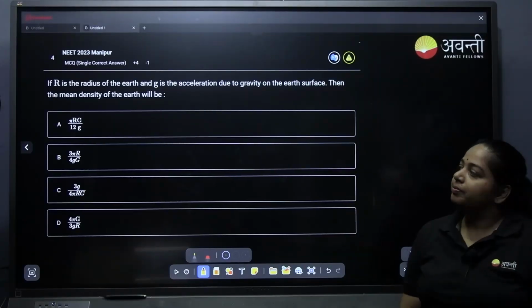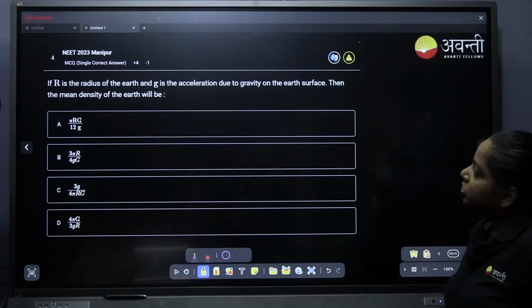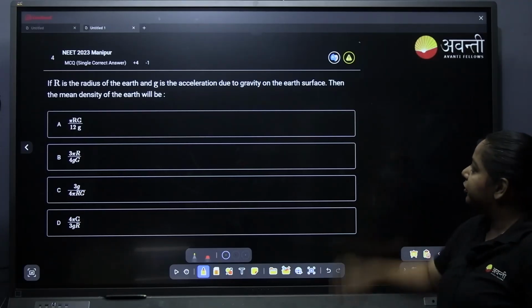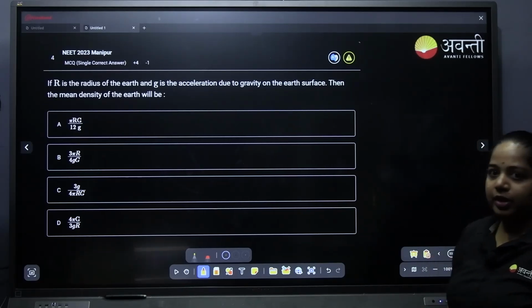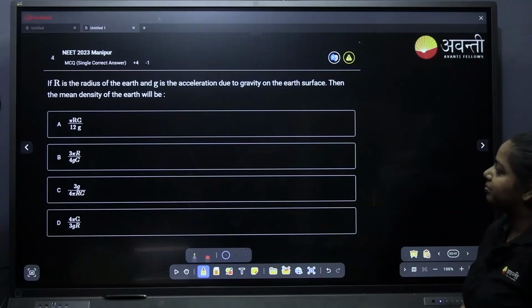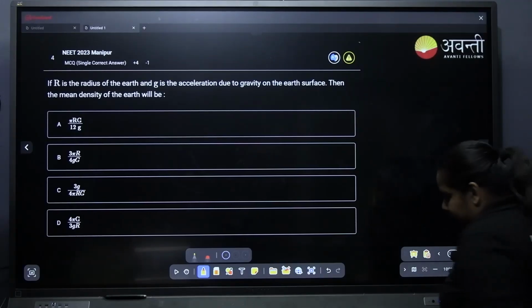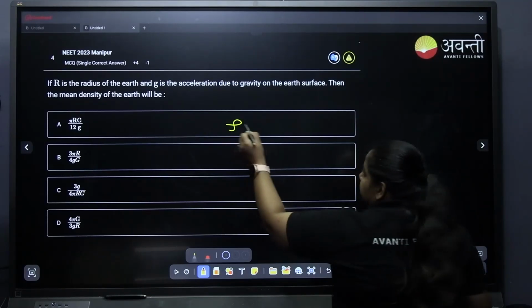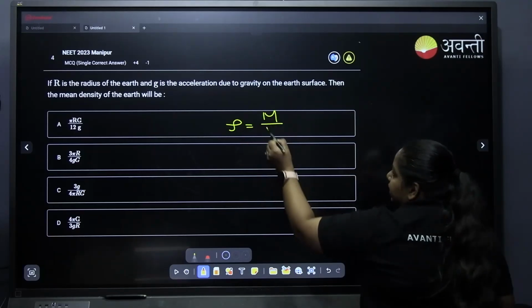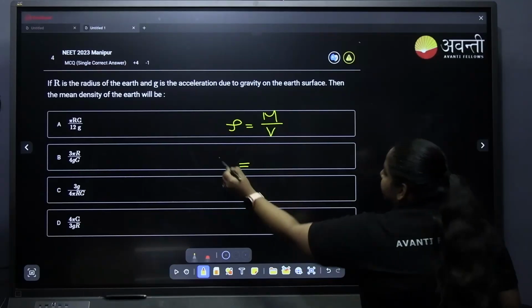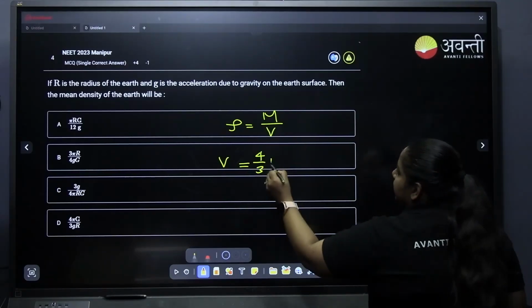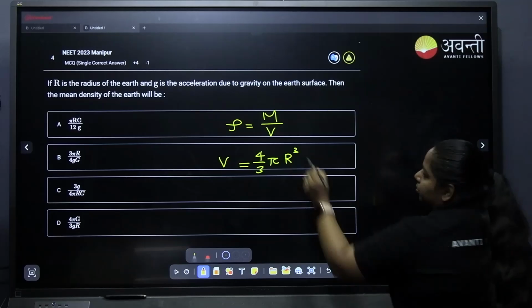Next question. If R is the radius of Earth and g is acceleration due to gravity on Earth's surface, then mean density of the Earth will be. You have to find density of Earth. See, density is equal to mass by volume. Volume I can write as 4 by 3 pi R cube, right?